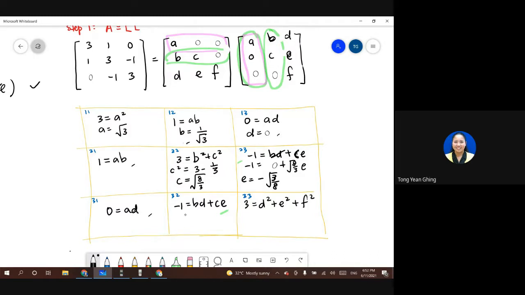So D is 0. E is square root of 3 over 8. Okay, because it's squared, it becomes positive, plus F square. So F square equals 3 minus 3 over 8. So 3 times 8, 24, 24 minus 3, 21. F is square root of 21 over 8.